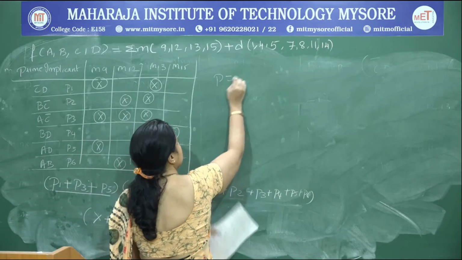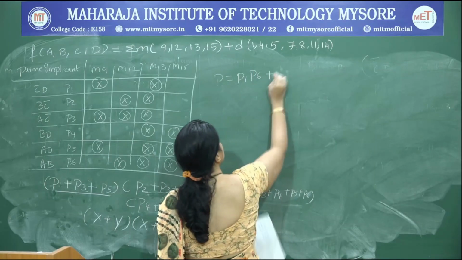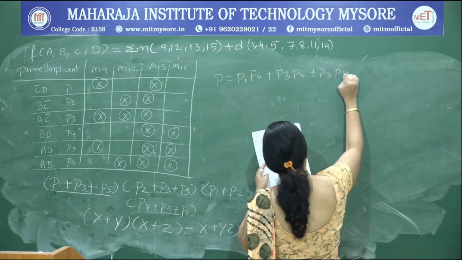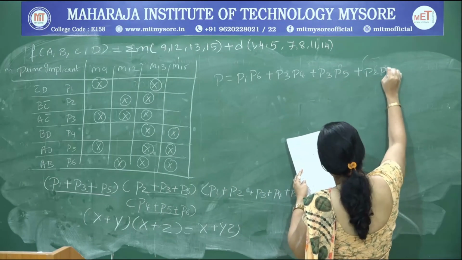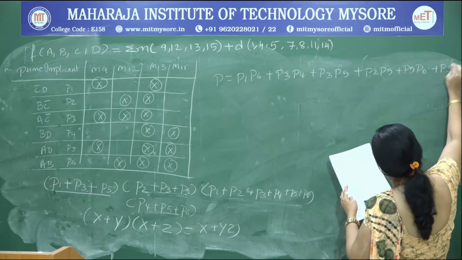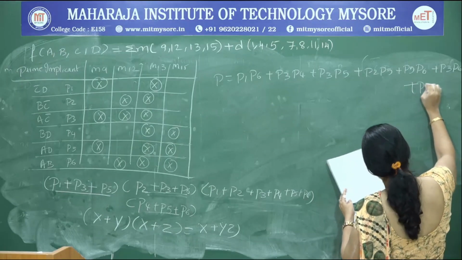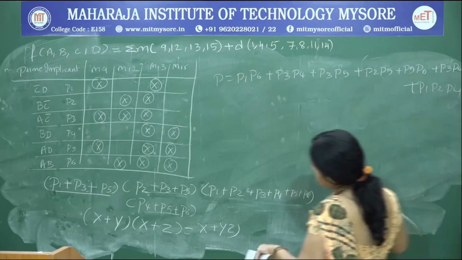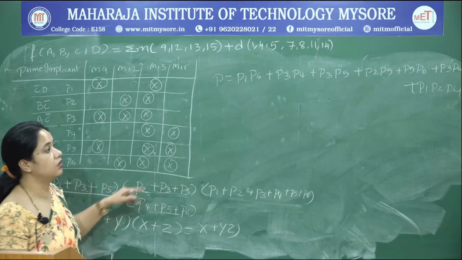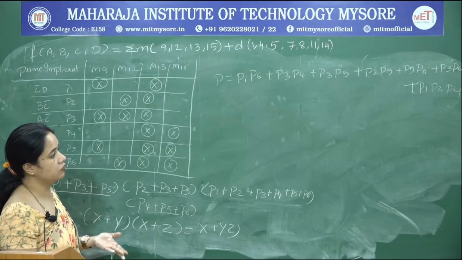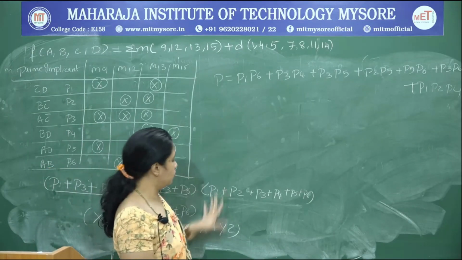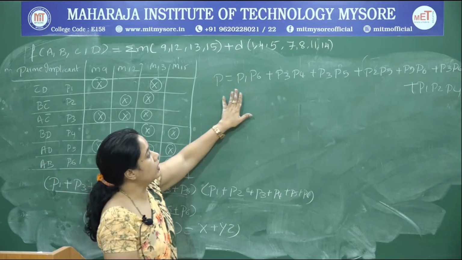So we have P is equal to P1... So you just expand this, and if there is any provision for you to further reduce using the uniting theorem and your distributive law, you apply everything, and finally once you solve this expression, you will arrive at this.